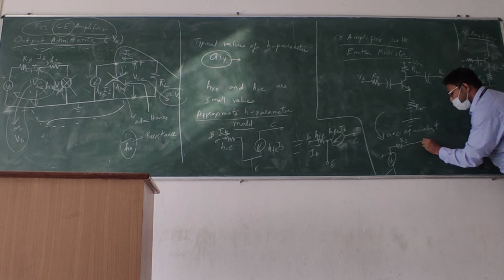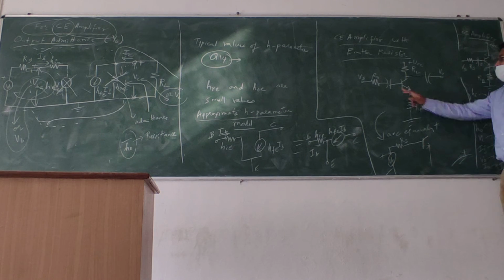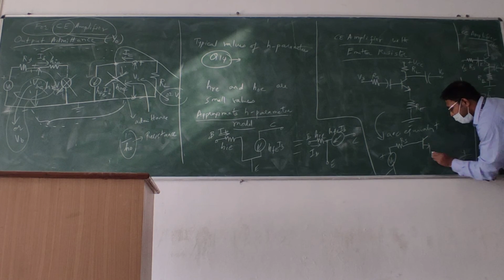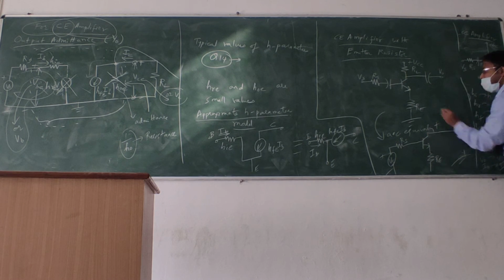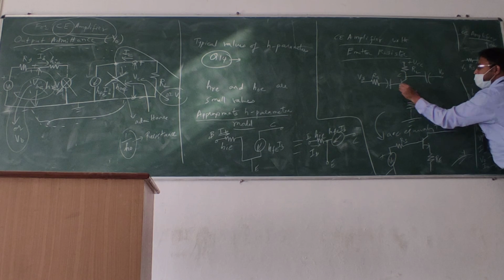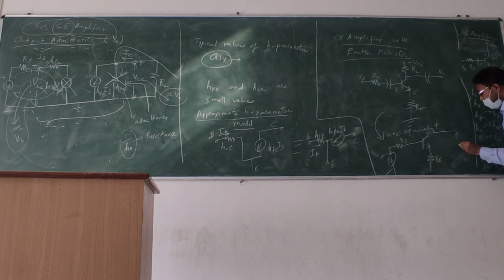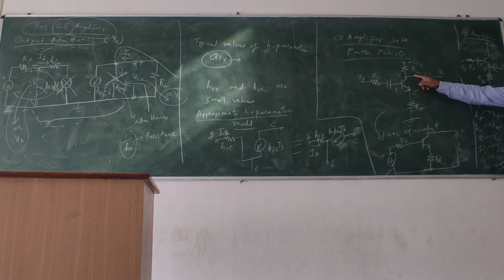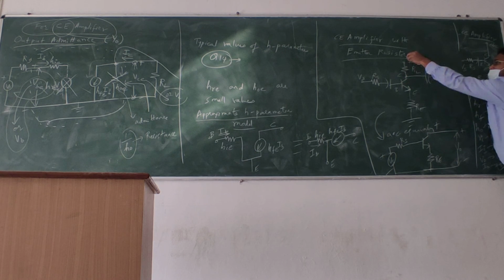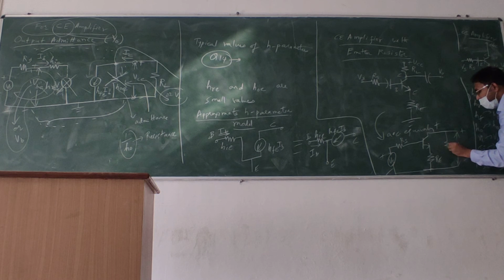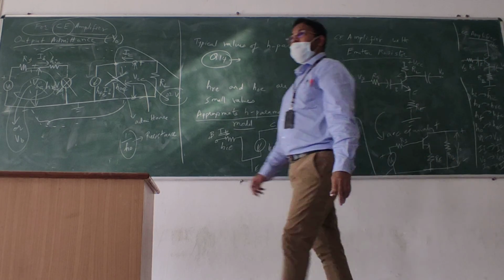Capacitor acts as short circuit, so directly going to the base, then the emitter resistor RE, then collector. This is emitter, base, collector. Collector is output, so here we have V0. But from collector to VCC you have RL. But VCC replaced by ground means from collector to ground you have RL.